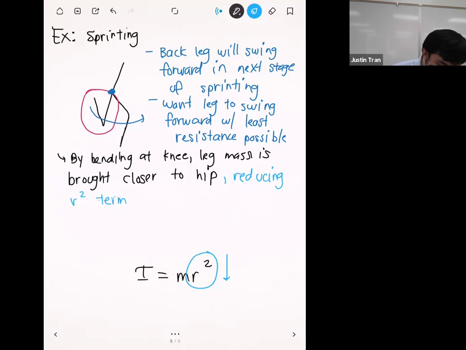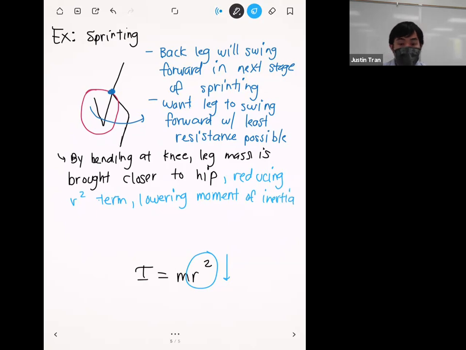By reducing that r squared term, we're of course going to lower the moment of inertia. And by lowering the moment of inertia, it's going to make our leg swing a lot easier.